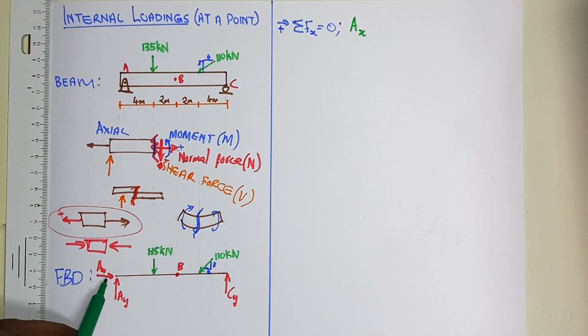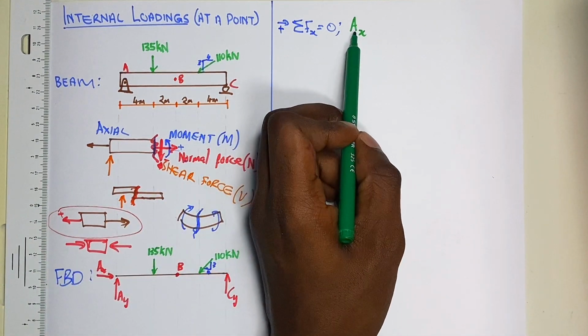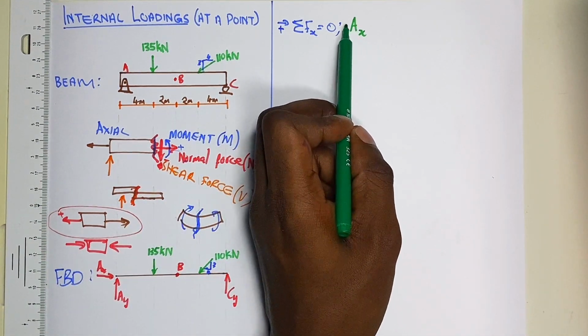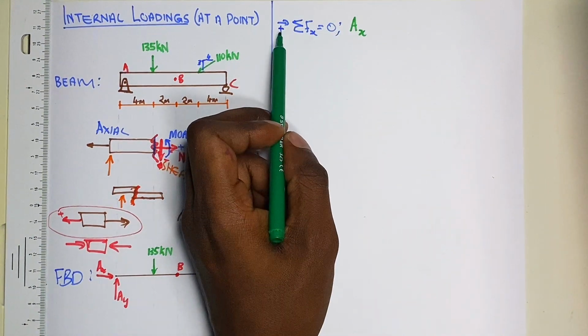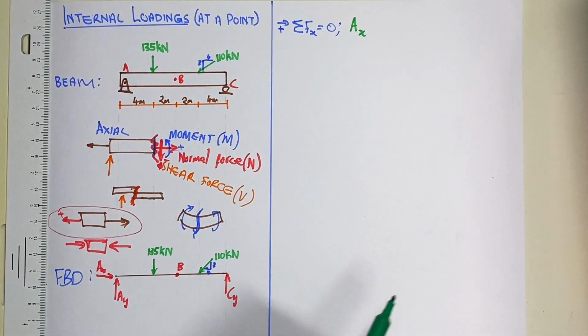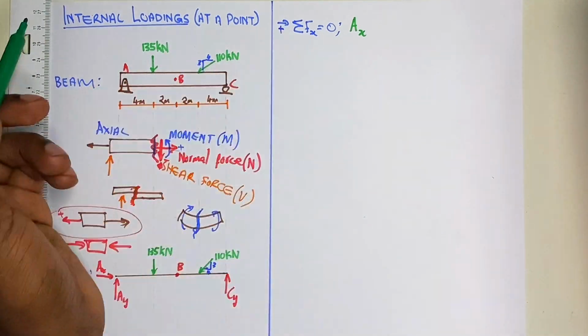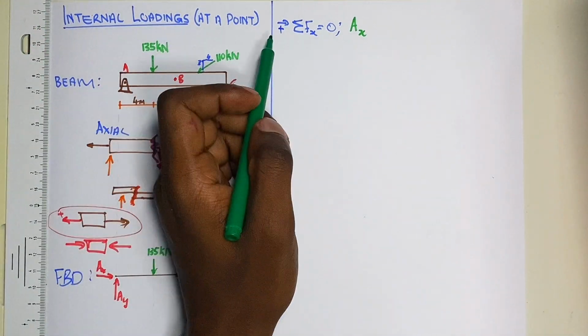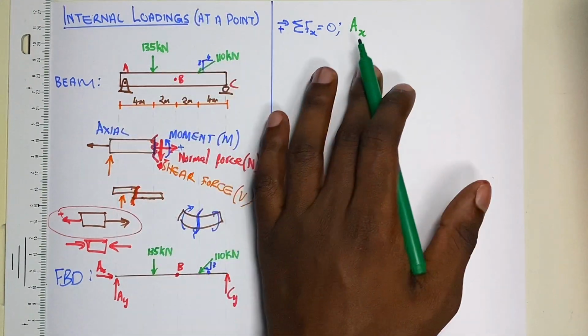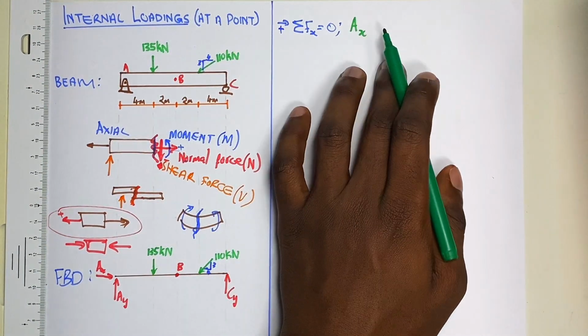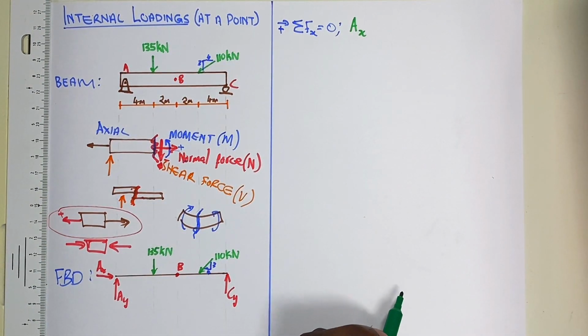As I said, I could have written it as acting in the other direction, and then in my computation I would have to put it as negative because I have decided that direction will be positive. This is arbitrary. You can decide to make the left positive, but make sure that you reflect that in your computation.